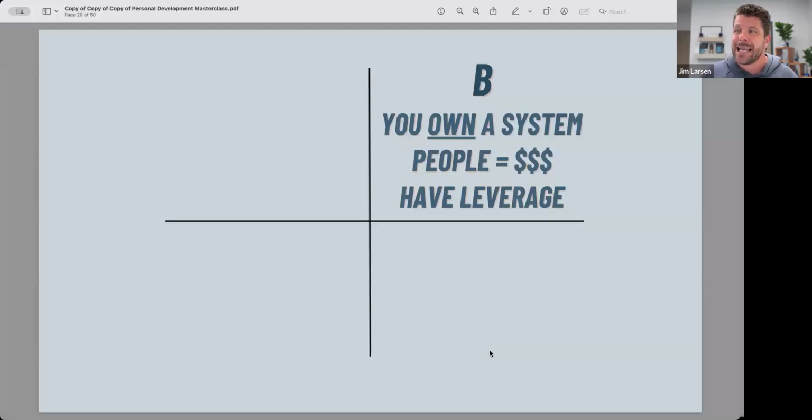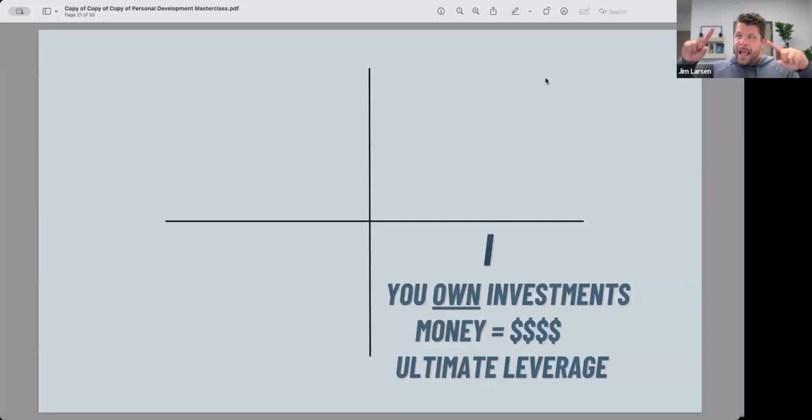You make your money in the B quadrant, and that allows you to take that money and invest, moving you to the I quadrant where you own investments. Your money makes money and you have ultimate leverage. All right, you follow that so far?